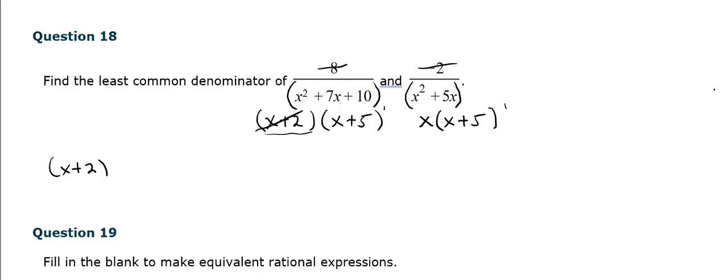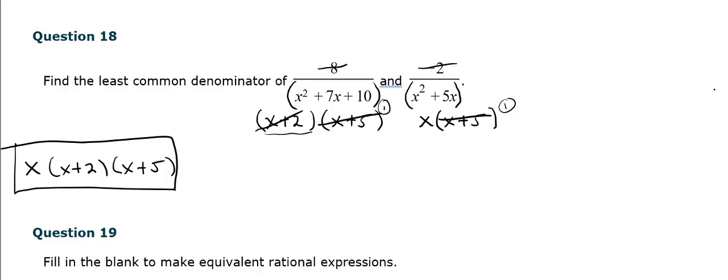So the most times that it occurs is only one time per factorization. So I'll only use one x plus 5. And I still have a factor of x. I'm going to just put it up front. It's a better practice to do that. It doesn't make it wrong if you put it in between or at the end. So our least common denominator is x times the quantity x plus 2 times the quantity x plus 5.